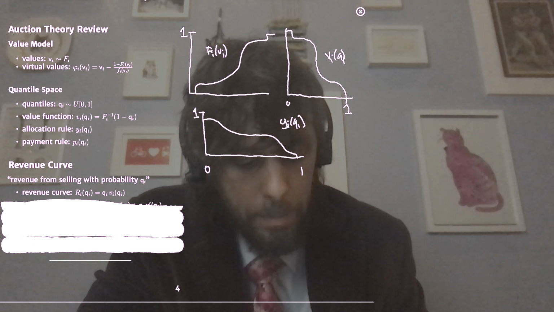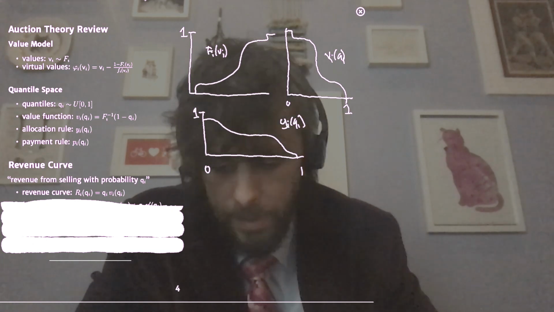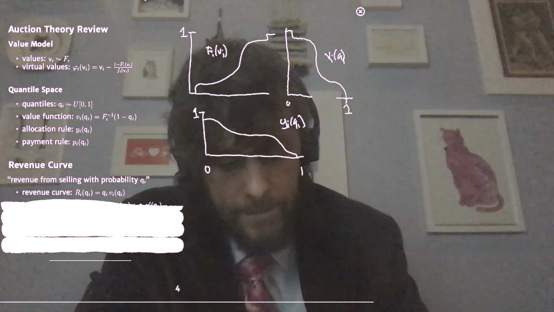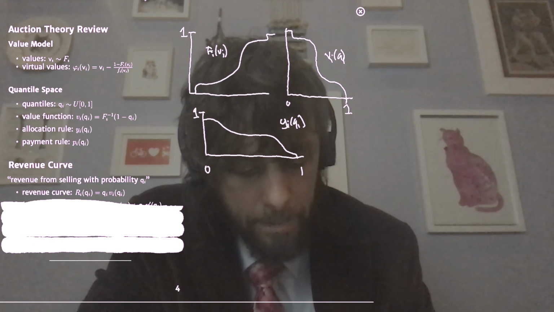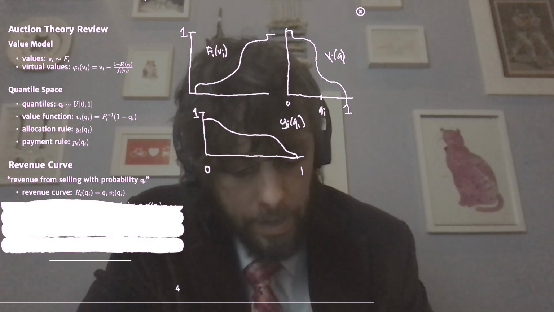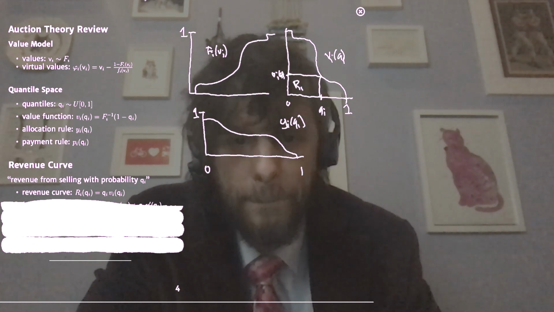Okay, and we can depict that on this plot. If I'm going to sell with probability q_i, then they're going to pay me v_i of q_i, and my revenue is going to be R_i of q_i.